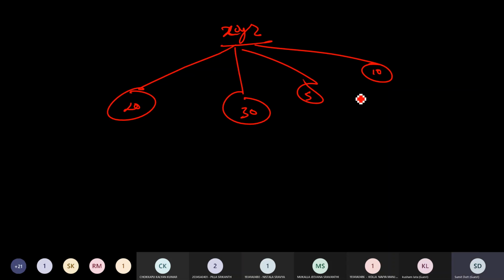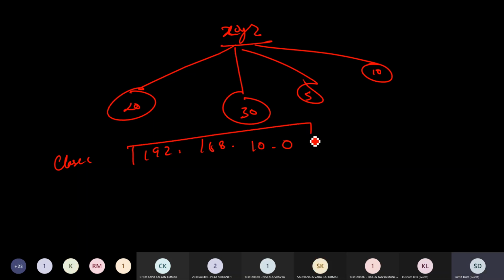Now let's suppose I'm buying an IP address of class C, 192.168.10.0. This is the IP address which I am buying from IANA.